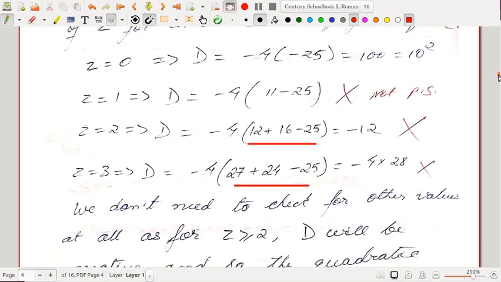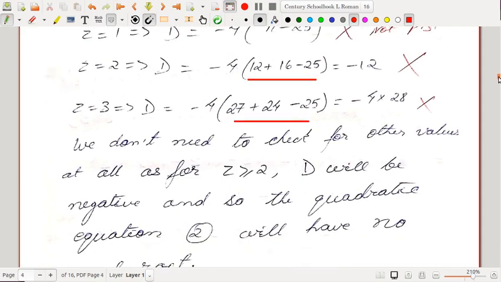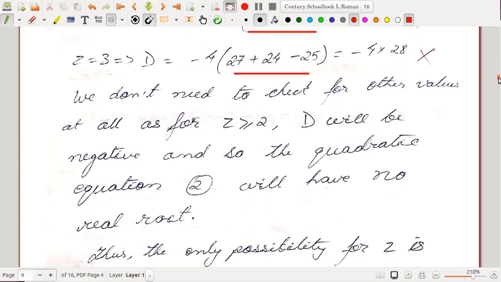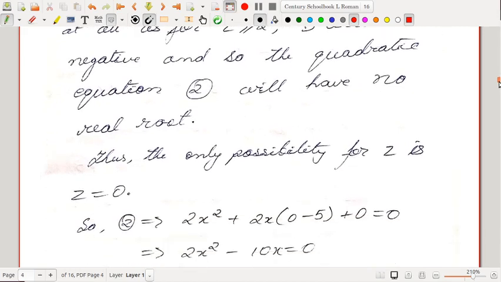That is not acceptable because we want an integer solution. If d is negative, then the quadratic equation will not have any real roots. So we don't need to check for z greater than or equal to 2, as for those values d will be negative, and so the quadratic equation 2 will have no real root. Thus the only possibility is z equal to 0.